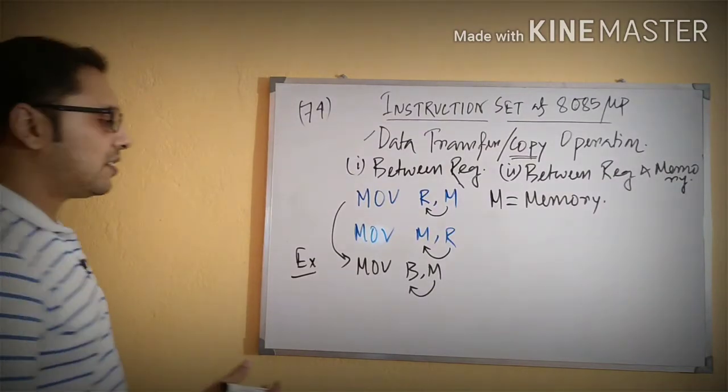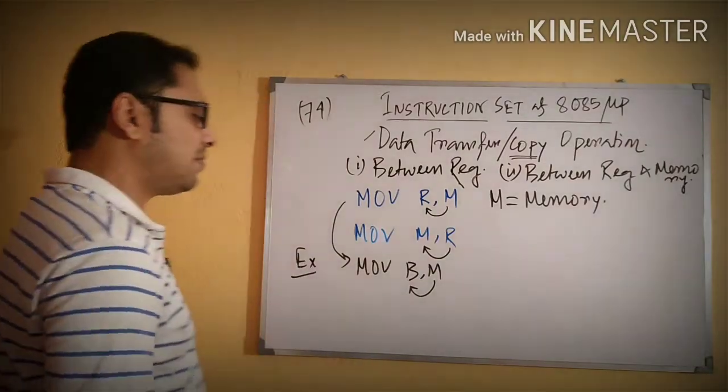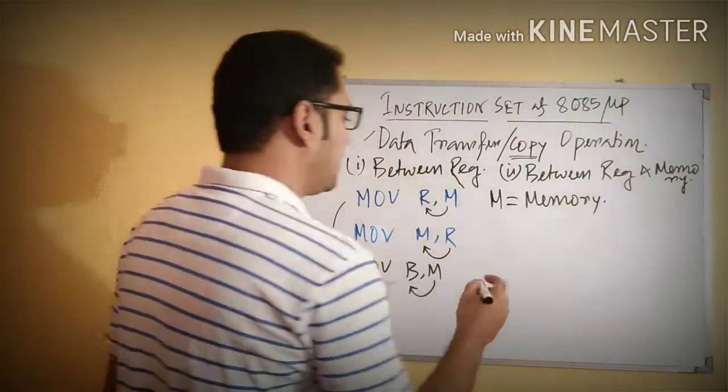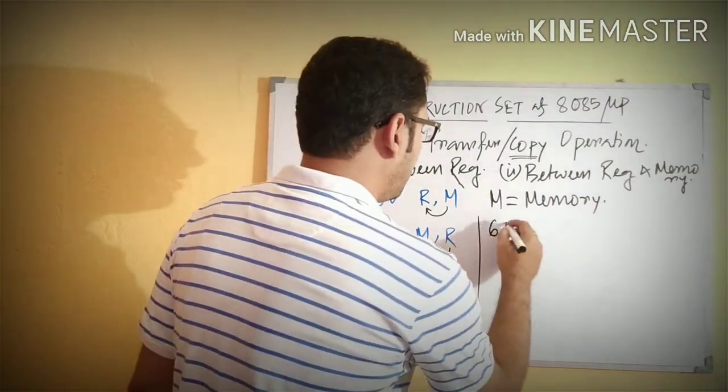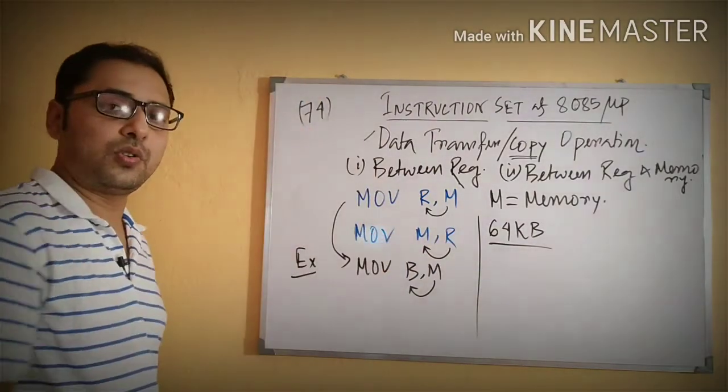Now the question is, which memory location am I talking about? Because we know in case of 8085, it can access a maximum of 64 KB of memory. I assume that this information is known to us.